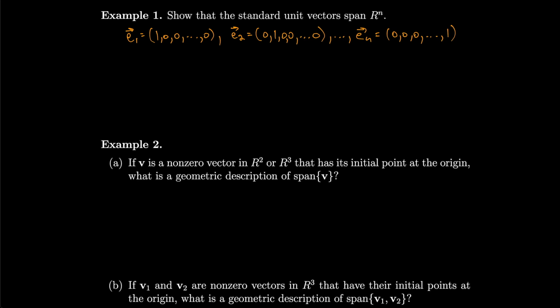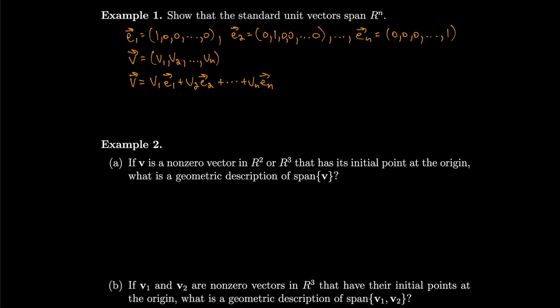Okay, so then let's take a vector v. We'll call that v1, v2 through vn, and we'll write that as a linear combination of all of the standard basis vectors. So v1 multiplied by e1, and v2 multiplied by e2, and so on until vn multiplied by en.